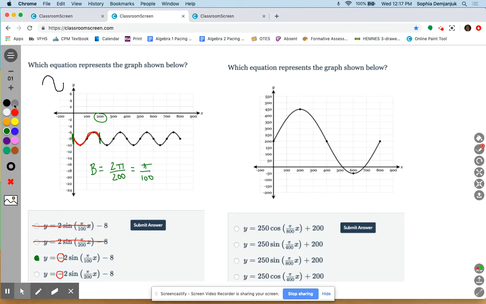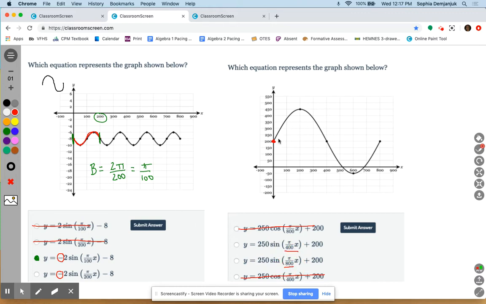For the next one, I need to determine if I'm doing cosine or sine. Looking at my graph, I have my y-intercept right in the middle of my graph, so I know that it's my sine function, not my cosine, so I can cross out the two cosine options. They both have a midline of 200 and amplitude of 250, so I need to figure out which B works with my graph.